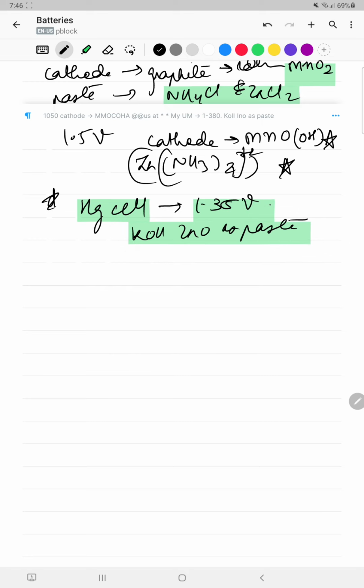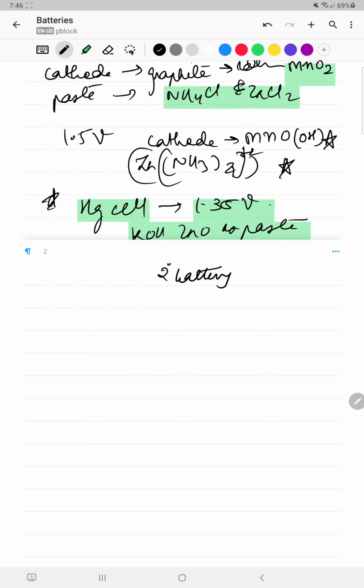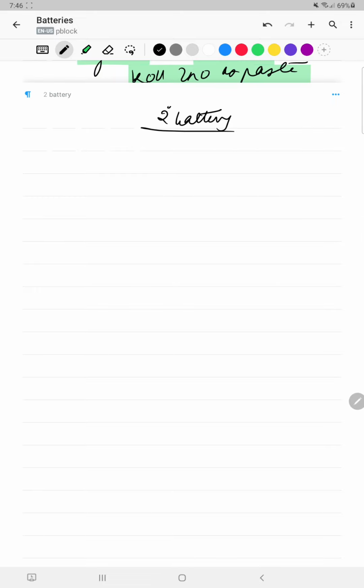The next type of battery we are going to discuss is the secondary battery. A secondary battery is a battery which can be reused again and again by recharging. And how will you recharge it? You will recharge it by passing current through it. So the anode is made up of Pb, and we all know that on anode oxidation takes place, so Pb changes to Pb plus 2, which is PbSO4.